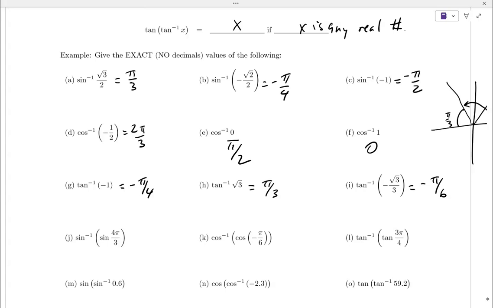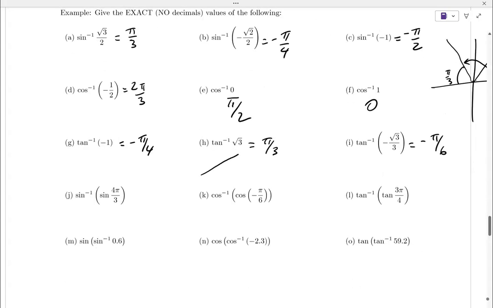You can also draw a triangle and see if you can recognize what kind of triangle you have. We're going to use triangles here in a minute. What I mean by that is, remember, this expression right here would mean tangent of theta equals root 3, right? If I start with theta equals inverse tangent of root 3, I take the tangent of both sides. That's what that means, right?